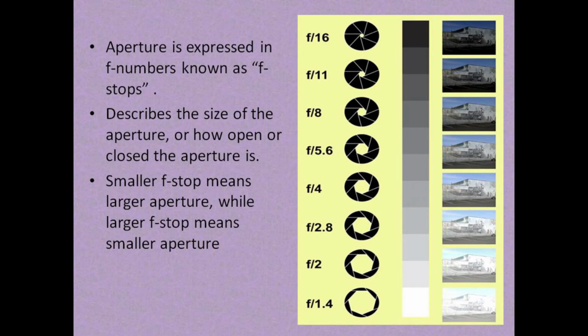Let's observe the second image, which is clicked at f11, one step up from f16. It allows one stop more light to enter, which makes the picture a little bit brighter.